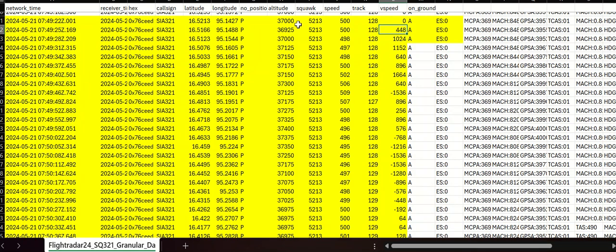From 37,000 feet to 36,925, out of level flight and back to 37,000 feet again, just 6 seconds. And that's really scary if you are not buckled in your seat and not ready for this.